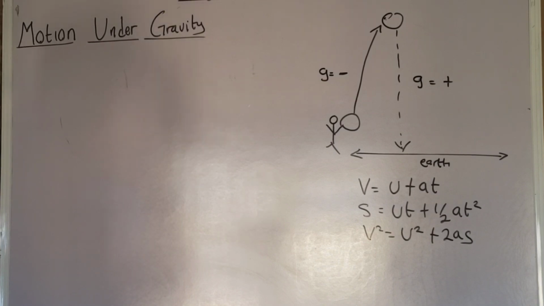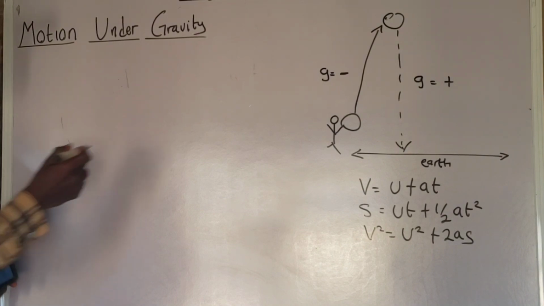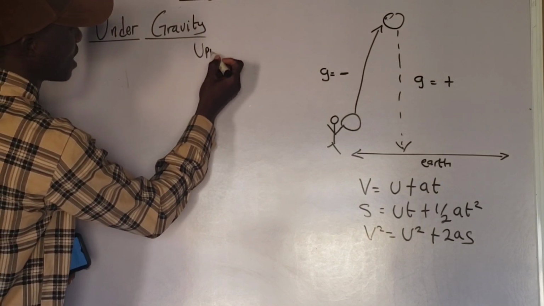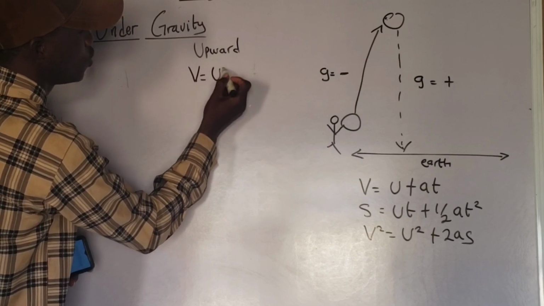Now, for the equations of motion under gravity, there are two things you have to pay attention to. The first is when a body is thrown upward. When the body is thrown upward, the equation becomes like this: v = u plus.